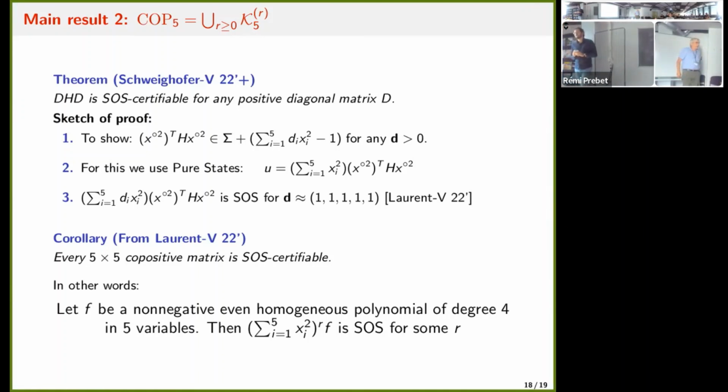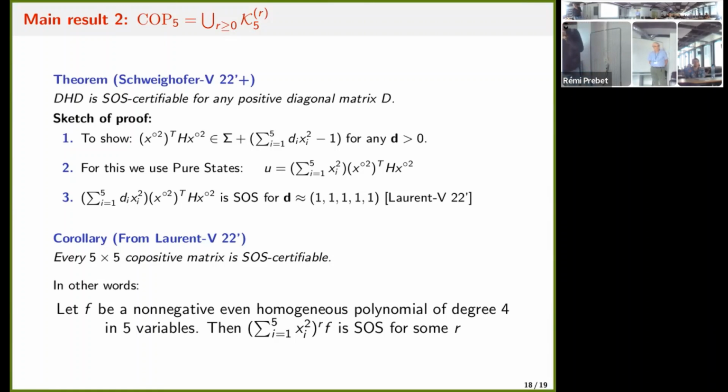You've proven that these 5x5 copositive matrices are SOS certifiable, but can you give an intuition of how the spectrum goes? I assume some are easier to certify and some are harder. Is there an intuitive way of seeing what type of structure emerges as you go from easy to hard? Our proof was looking at the extreme rays, so we didn't really look at specific matrices.